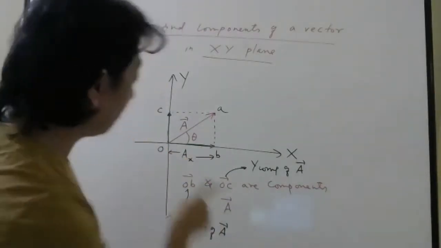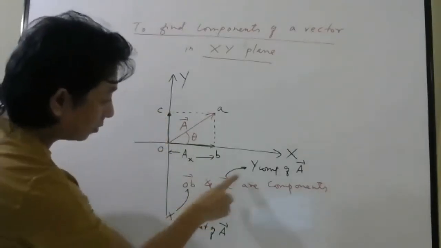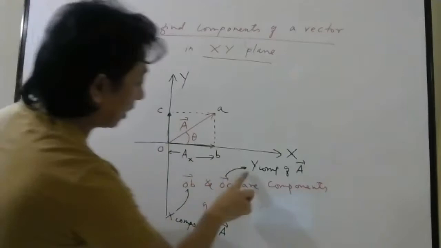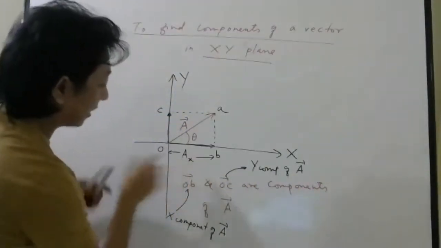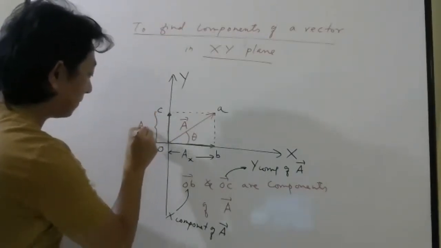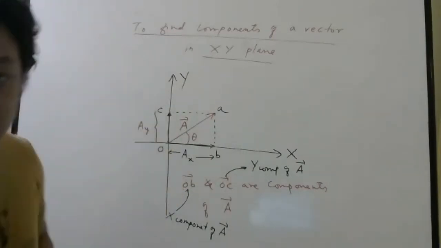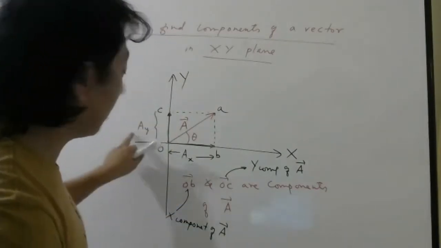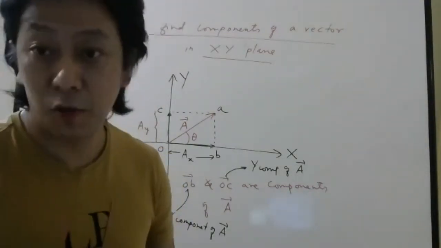So we are calling this component the x component of A bar. Similarly, we are calling this OC bar, since this is along the y-axis, the y component of A bar. And this length we are writing as AX, and this length we are writing as AY. So AX and AY are basically magnitudes of the components. Why magnitude?